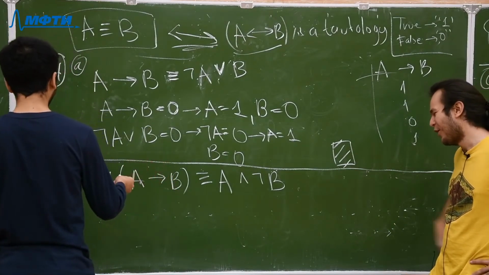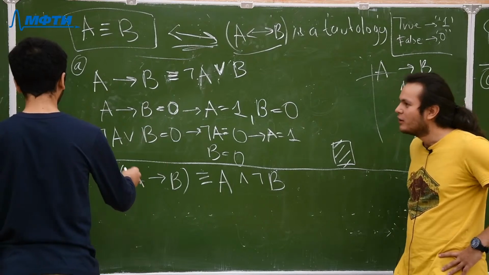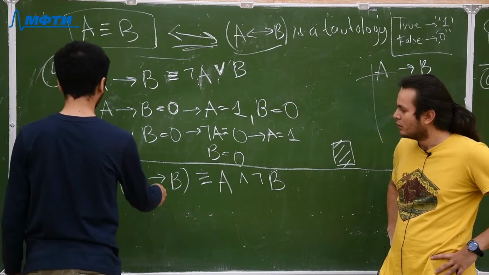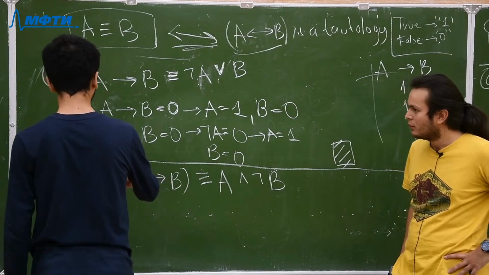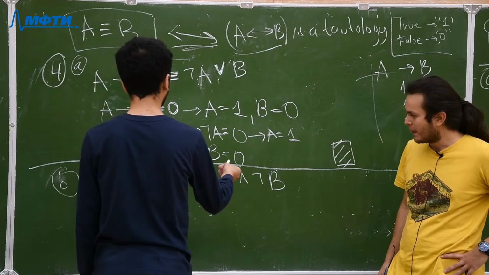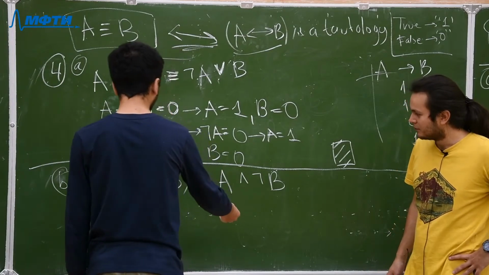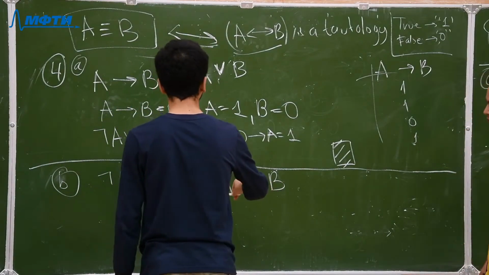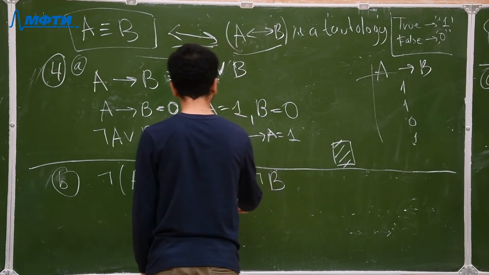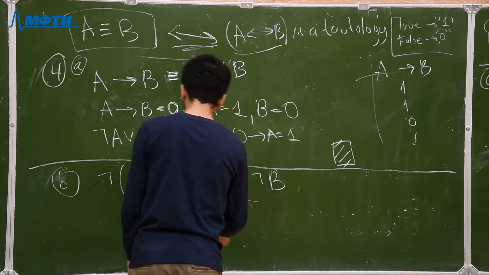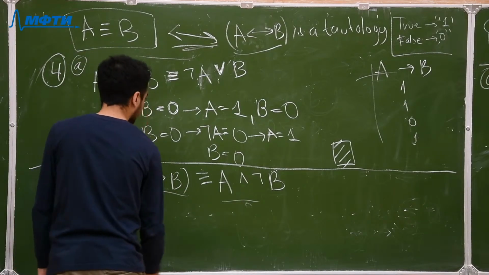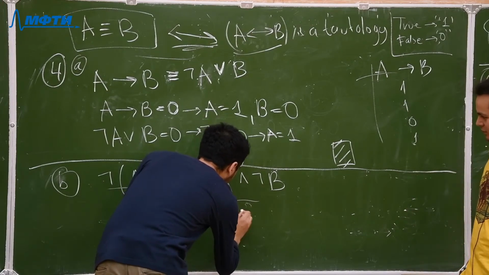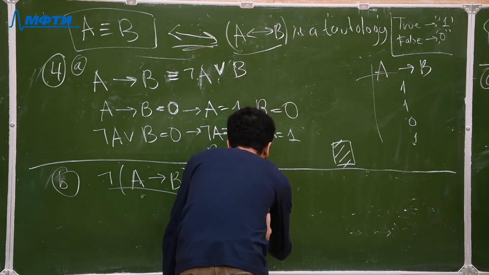Okay. I will explain it. I will start at the beginning. I think this is going to be for the negation of this, and for this. If we assume that this is going to be 0, and this is also going to be 0, we will have that A is 0 and B is 1.